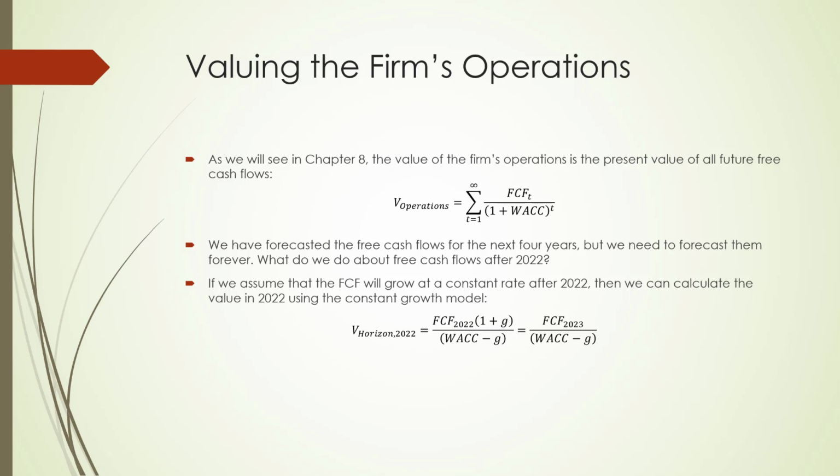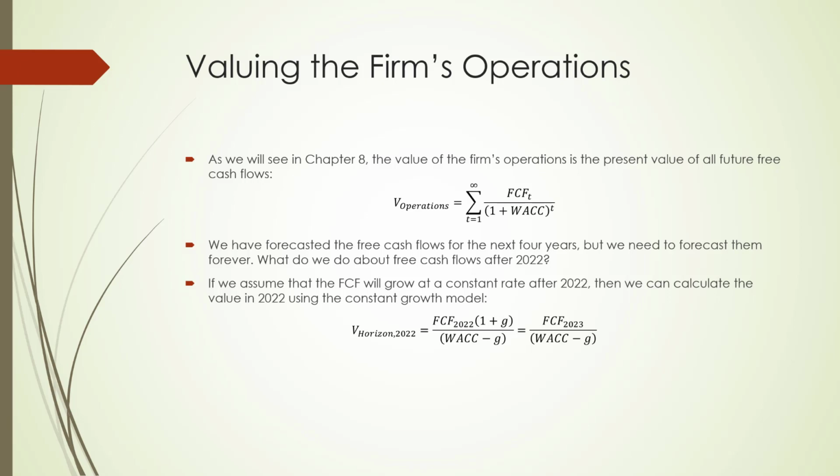And so you can see what we're going to do is we're simply going to find the future free cash flows in 2023 and divide that by the cost of capital minus the growth rate. Now, we know the free cash flows that we're forecasting for 2022, so we can simply take that times 1 plus the growth rate, which I believe is 5%, and then divide that by the cost of capital minus the growth rate. This will give us something that we call the horizon value.